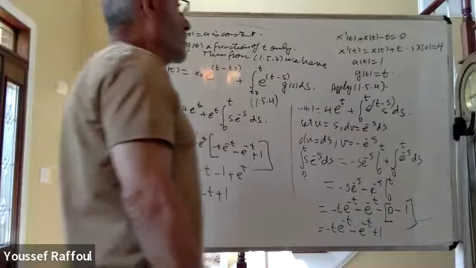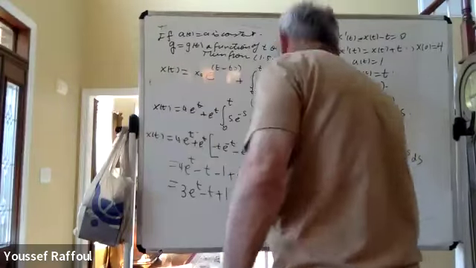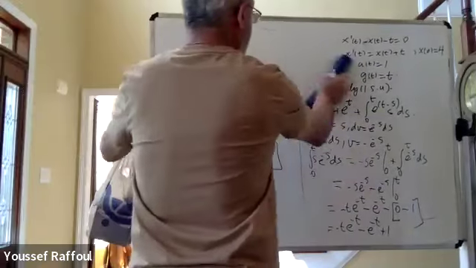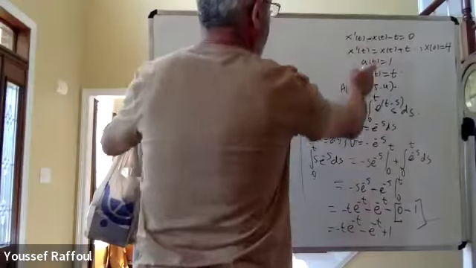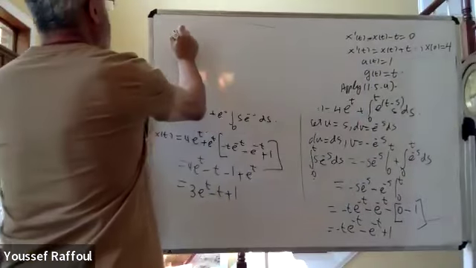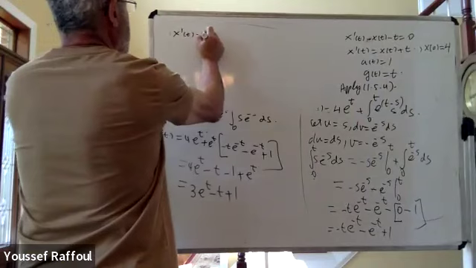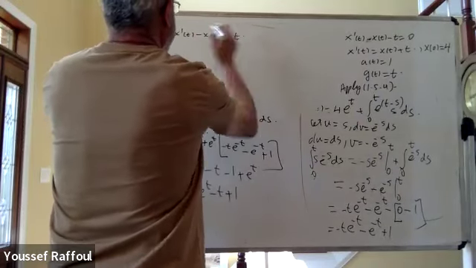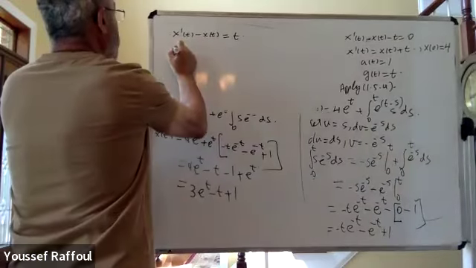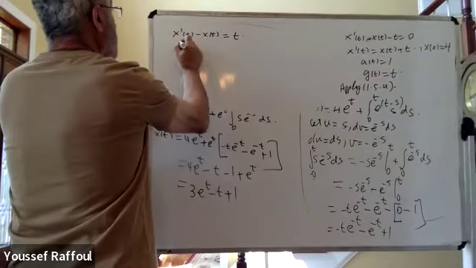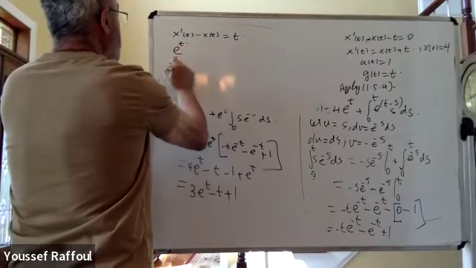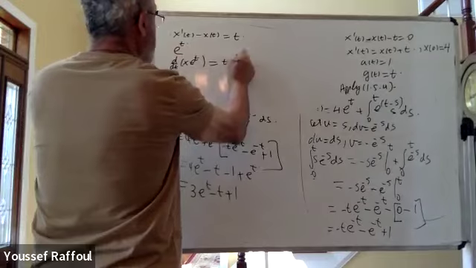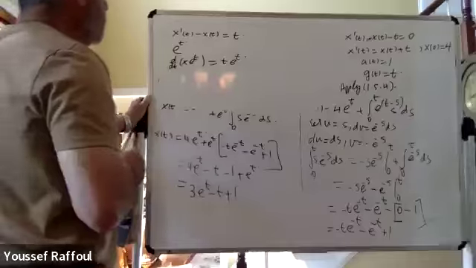Now you could say, oh, Dr. Raful, I mean, we know how to do this one easily. Yes, you do. But this is the whole formula, where the formula came from. If you look at this problem, x prime of t minus x of t equal to t. So the integrating factor is e to the t. So this is d/dt of x e to the t equal t e to the t. Okay?